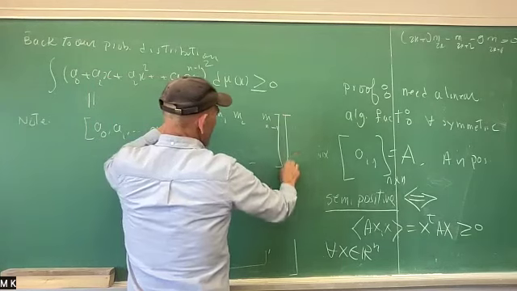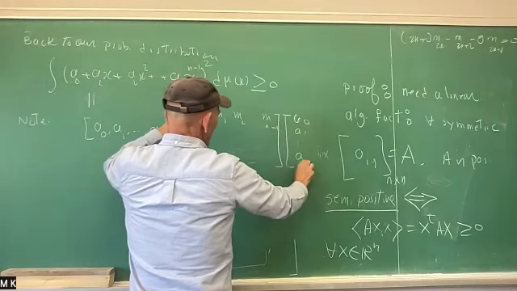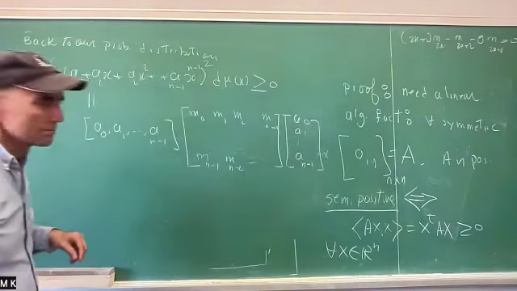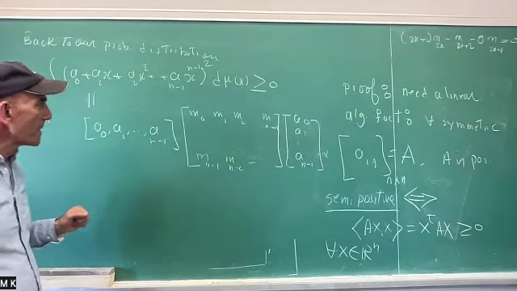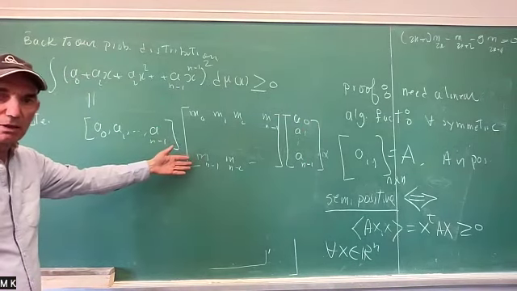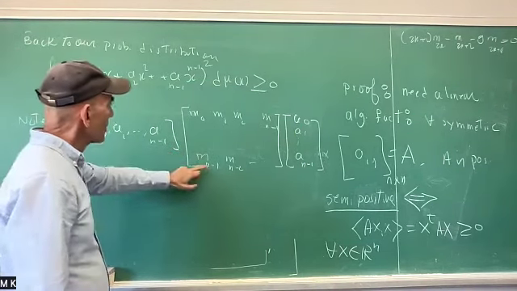And then the column vector (a0, a1, ..., a_{n-1}). Shouldn't we have m_n on the bottom row, second column?